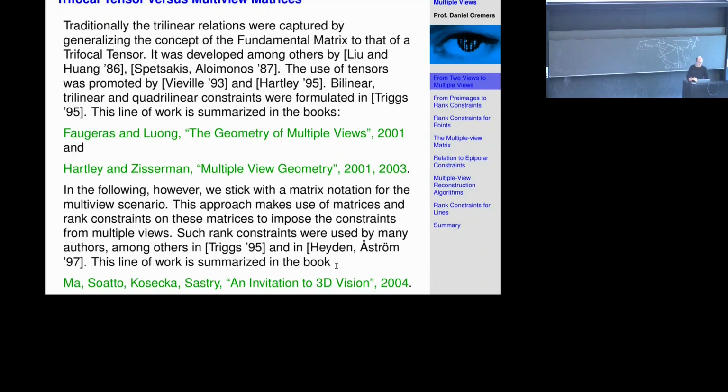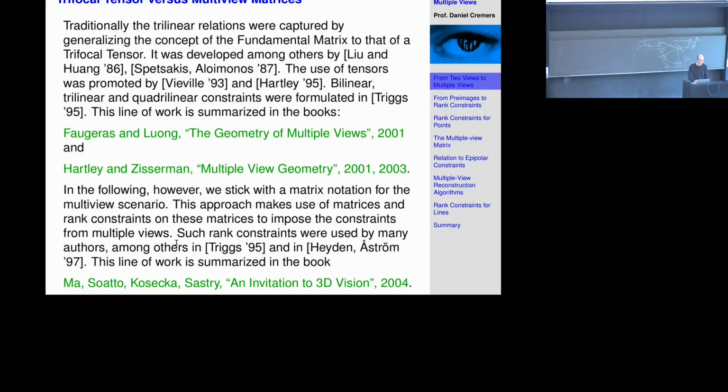And it's summarized in a series of books. For example, Olivier Faugeras, one of the pioneers in this field, wrote together with Luong this book on the geometry of multiple views, and then Hartley and Zisserman came out with their multiple view geometry book. So these all advocate the use of the trifocal tensor.